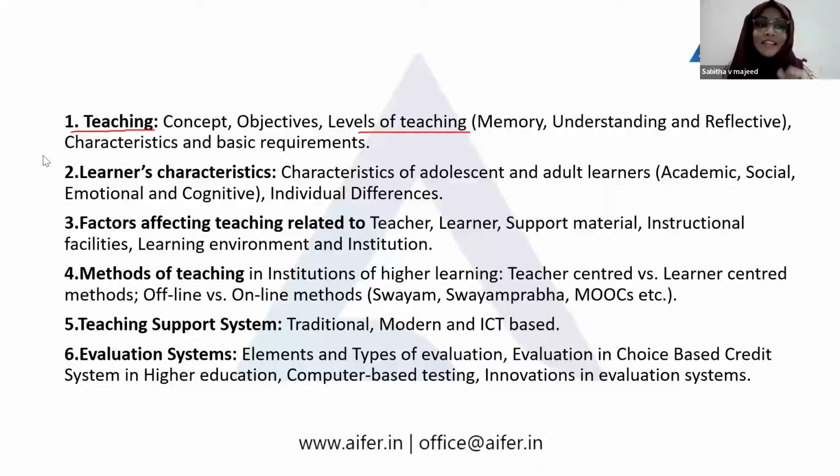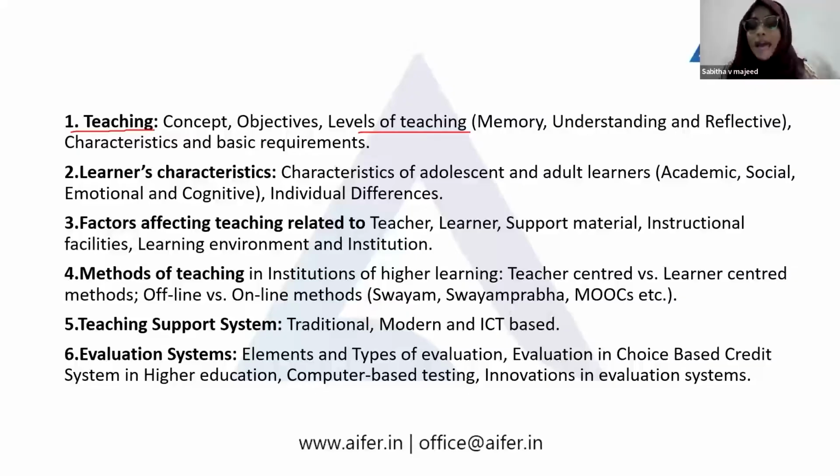Okay. Now, let's see the second subtopic, which is learners' characteristics. What are the characteristics of learners? We have to study that in this subtopic. We will be discussing the characteristics of adolescent and adult learners. Here, we divide the learners into 2 divisions, that is adolescent and adult learners.